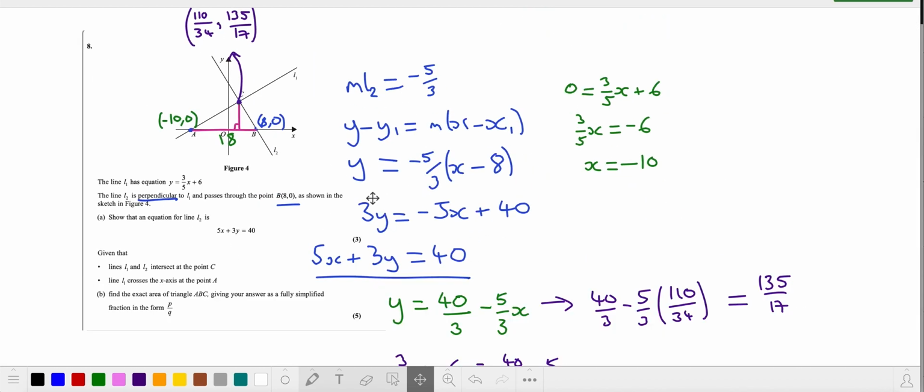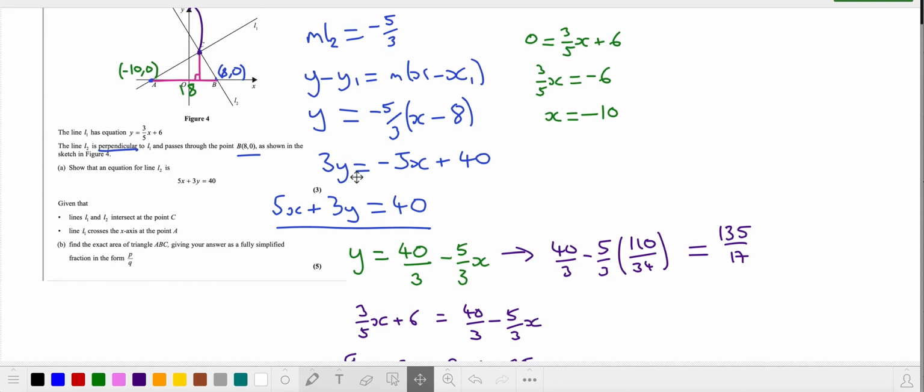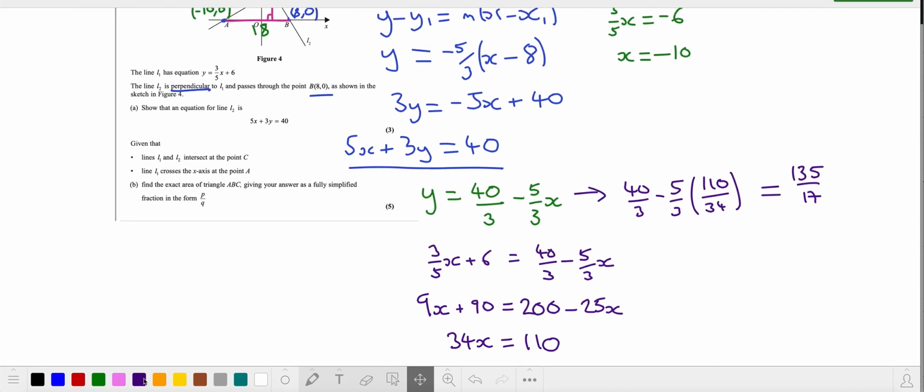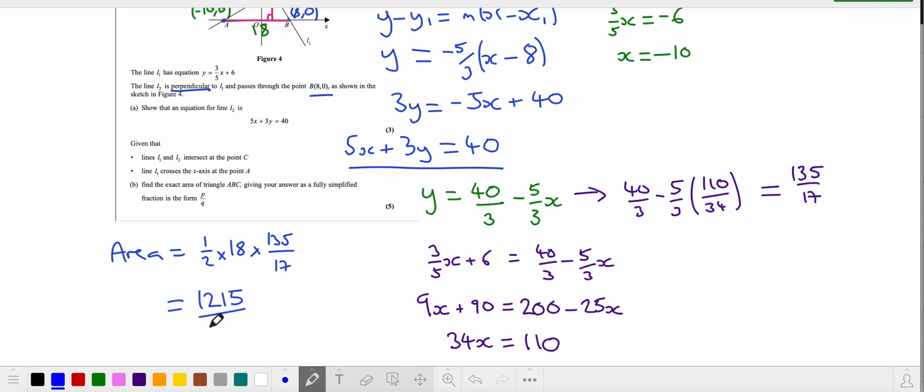Alright, so now we've got that. That's the perpendicular height of this triangle. It's 135 over 17. We know the base is 18, so we can work out the area using our good old half base times height. Half times 18 times 135 over 17 gives us 1,215 over 17.